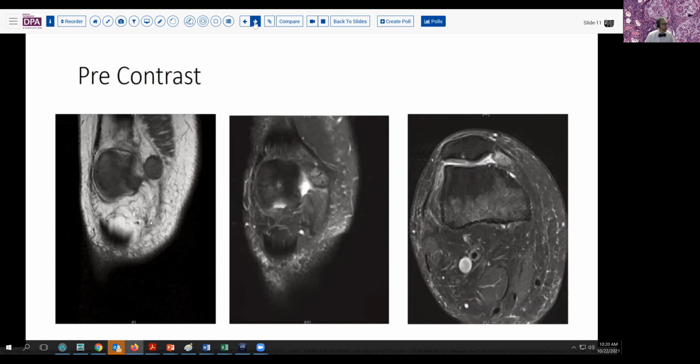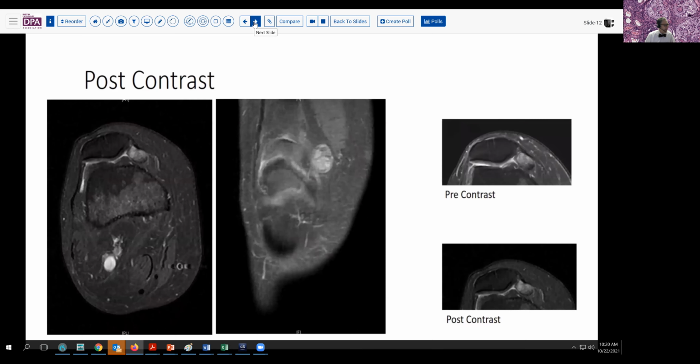With contrast studies, it lights up slightly. It is somewhat vascular, but not really bright. So it does have some vasculature to it.